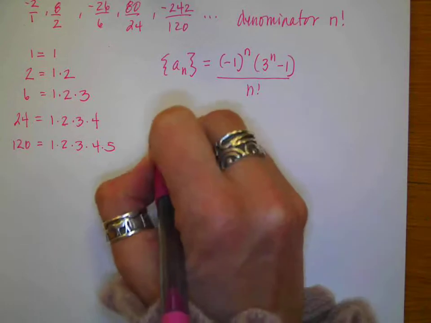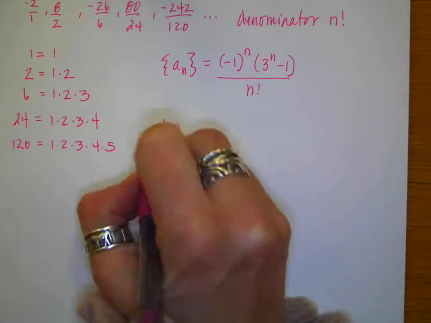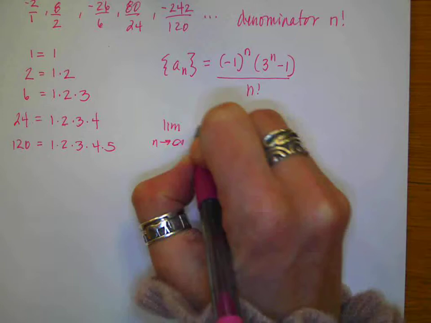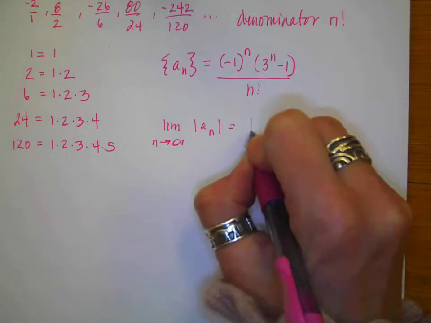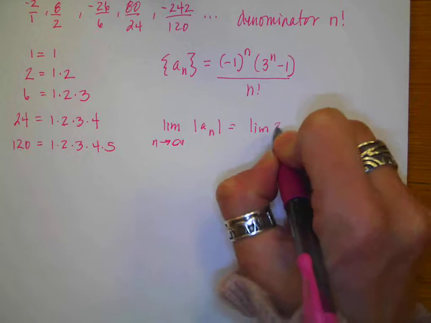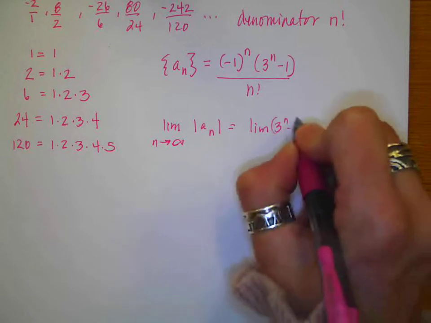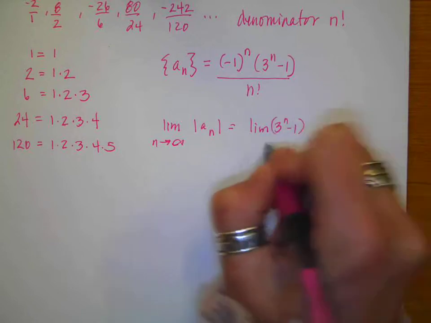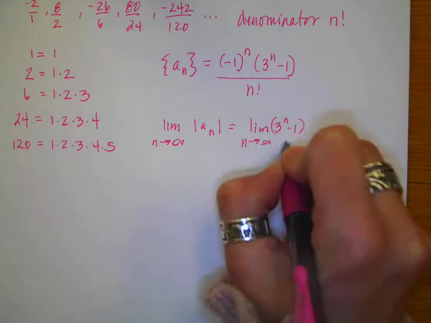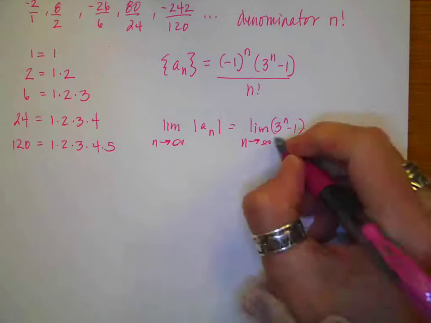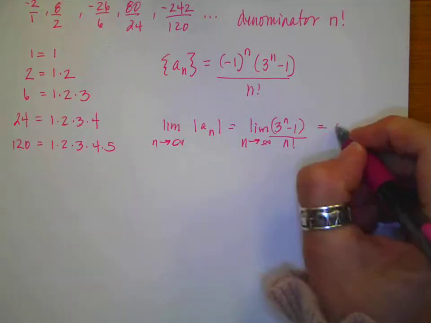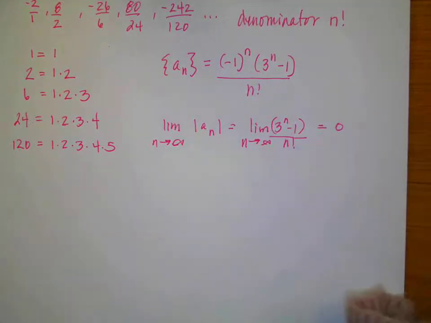Okay, so because of the alternating signs, I know that the limit as n approaches infinity of the absolute value of a sub n would equal the limit of 3 to the n minus 1 over n factorial. Notice that as n approaches infinity, I took away my alternating signs. Well, if I take away the alternating signs, then the limit is 0.